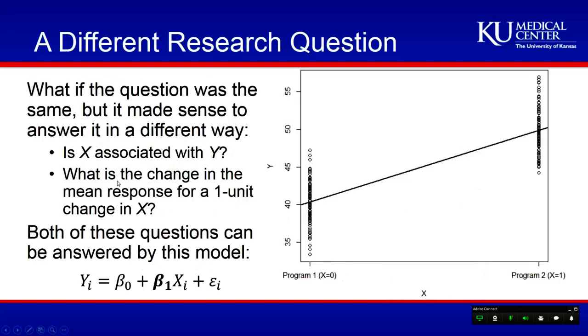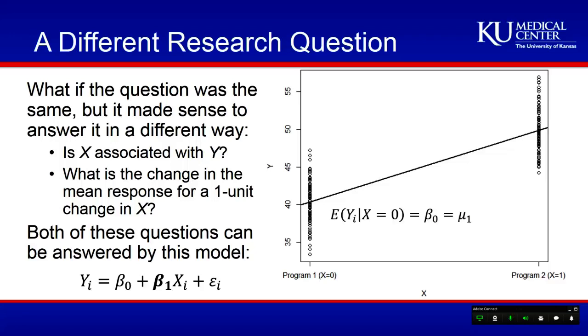However, the question in ANOVA is the same, but it makes sense to answer it in a different way. So we're still interested in whether or not X is associated with Y, but we really aren't asking what the slope is here. What we're asking really is how does the average response differ between these two programs? It turns out that's the same as asking what the change in the outcome will be for a 1-unit difference in X. So mathematically they're the same.